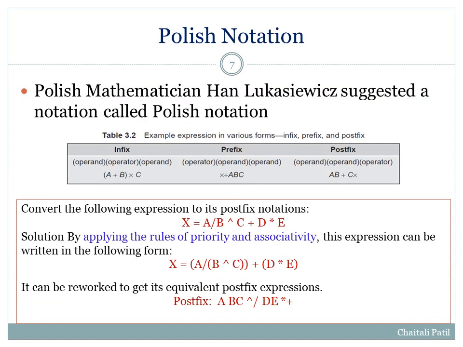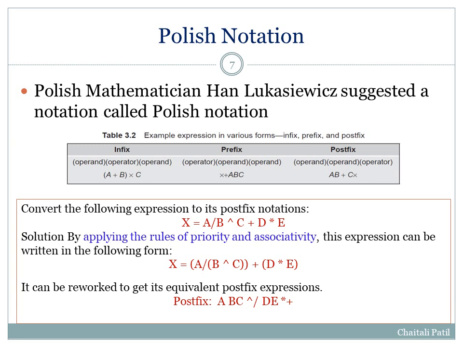So, what is postfix notation? It is a Polish notation. A Polish mathematician, Jan Lukasiewicz, suggested a notation, Polish notation. It can be a prefix notation or it can be a postfix expression.